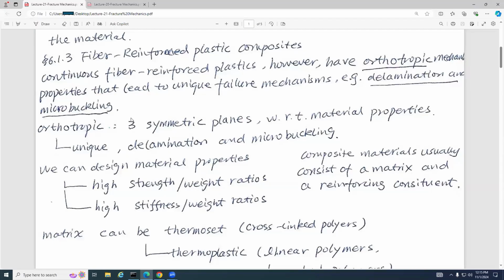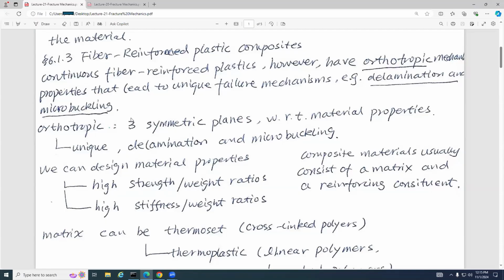We can design the material properties, because these composites usually contain a matrix material and then some reinforcing constituent. For example, here, this is fiber, continuous fiber. So you can design these material properties. You can have a high strength to weight ratio, or high stiffness to weight ratio.